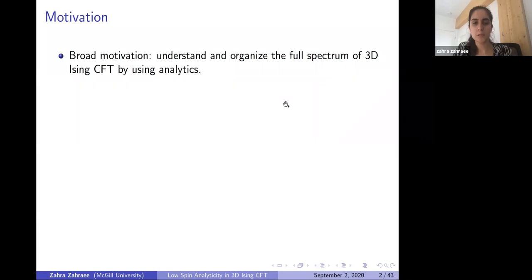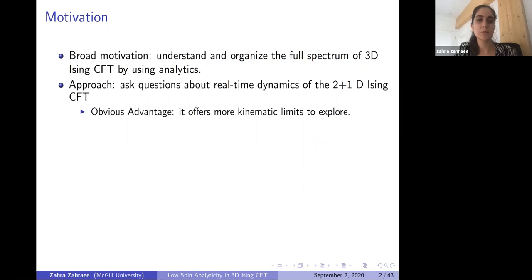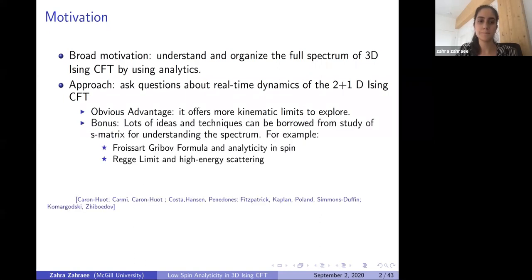The broad motivation of this work is to understand and organize the spectrum of the 3D Ising CFT by using analytic methods. Our approach is to ask questions about real-time dynamics of the 2+1D Ising CFT. One obvious advantage of this is that real-time dynamics offers more kinematic limits to explore as opposed to just the Euclidean OPE.